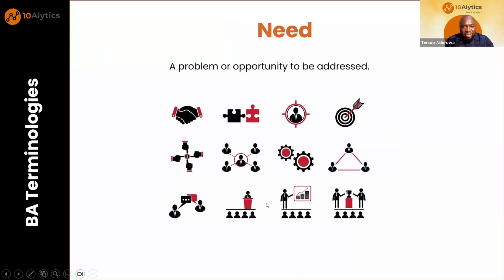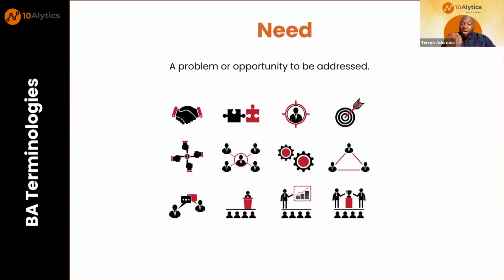Then what is a need? A need in business analysis would be seen as, regardless of what you would have known a need to be, in business analysis, we understand a need to be a problem or an opportunity that needs to be addressed. That's what a need is. So we can say a business need, a project need.